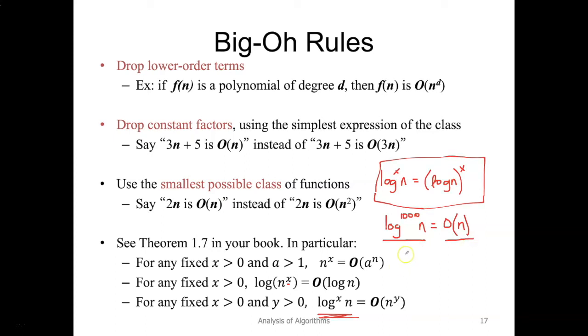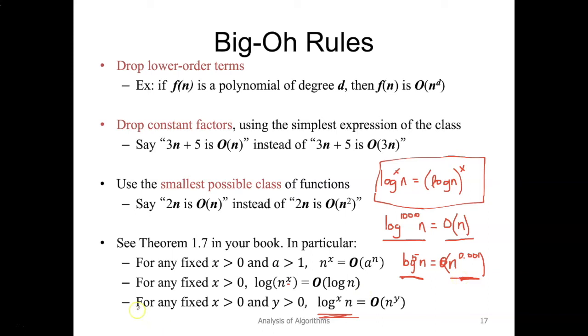Or to give another example, let's say we picked x to be 5, so log to the 5th power of n, and y to be 0.001. Okay? This is big O of n to the power of 0.001. So this seems like a pretty slow growing function, right? n to the power of 0.001, but it doesn't matter which power of a logarithm we have, any logarithmic power grows slower than any power of n.